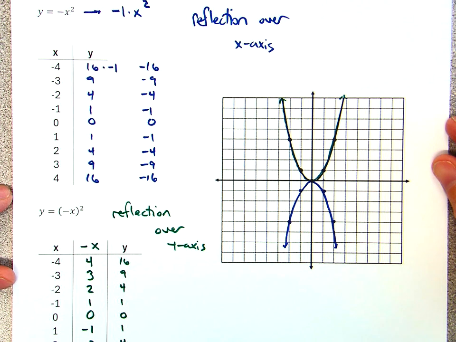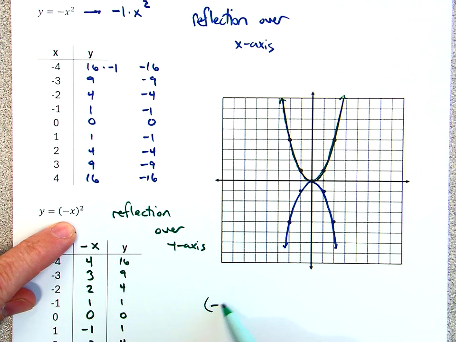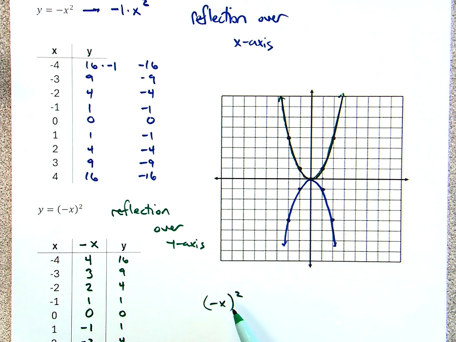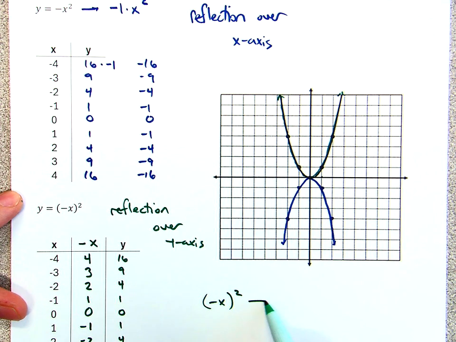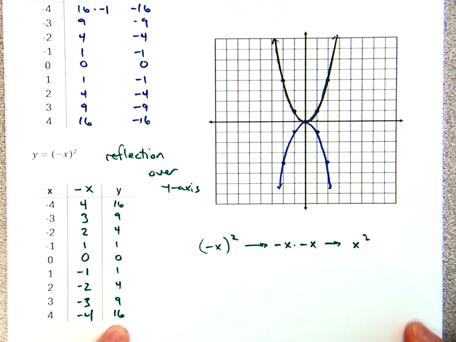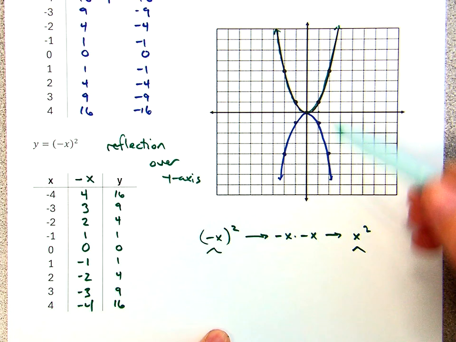Now, there is one thing to note here. If I wanted to take negative x squared, these transformations aren't going to be quite as common because in the sense of operations here, we could simplify this, right? Because this guy is the same as negative x times negative x, and a negative times a negative is a positive, so it's basically x squared, which is why the outputs here are the same as the original function.